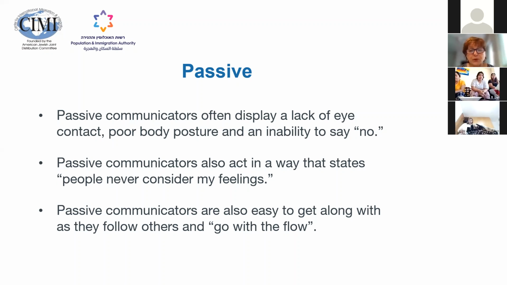So it's very important that if you are a passive communicator, if you don't look people in the eye and express yourself in a direct way, in a polite way, but in a direct way, you could be misunderstood. And so also if you're having to deal with a client or someone in his family that is a passive communicator, it would be difficult to understand what it is that they need or want or how they feel. So this is something that we need to first be able to identify.